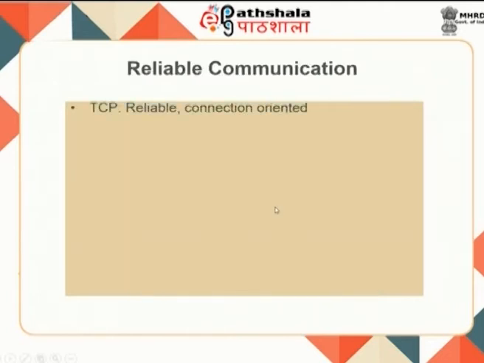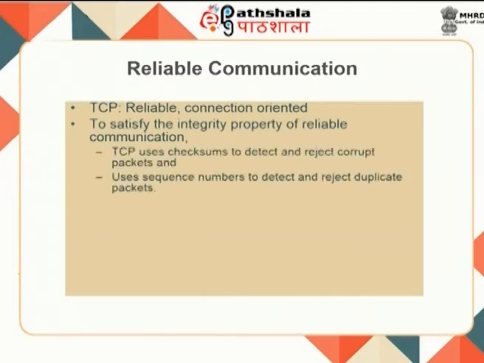Since the communication is to be reliable, we typically use TCP, because TCP is reliable and TCP is connection oriented. So, it satisfies the integrity property of any reliable communication by doing what?